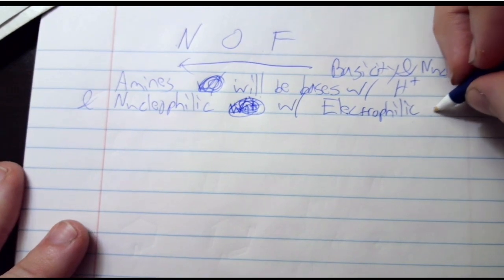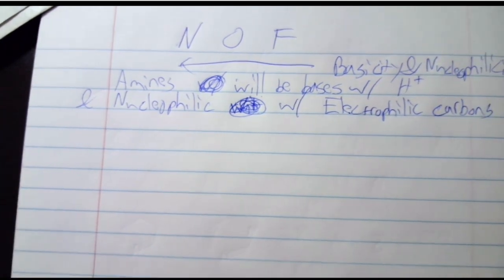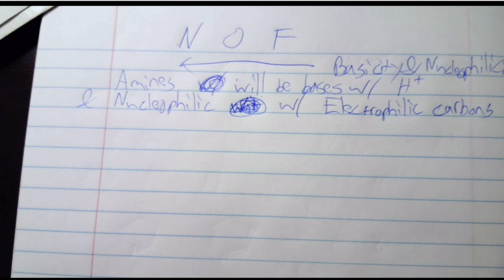Remember our lines. If you put in a carboxylic acid, it might deprotonate it. If you put in a beta diketone, it might deprotonate it, but it might also attack one of the carbonyls.